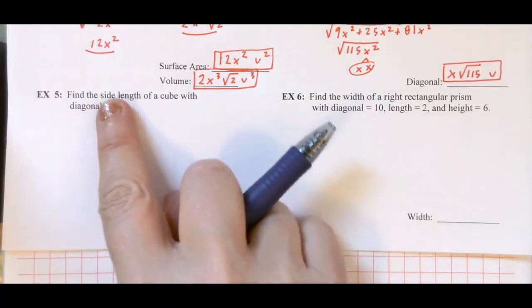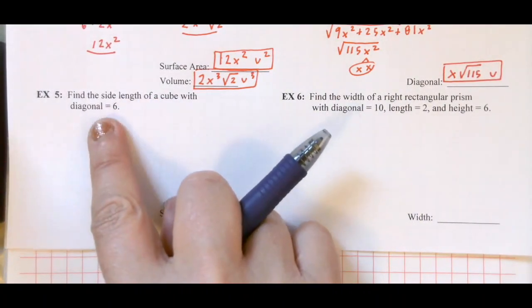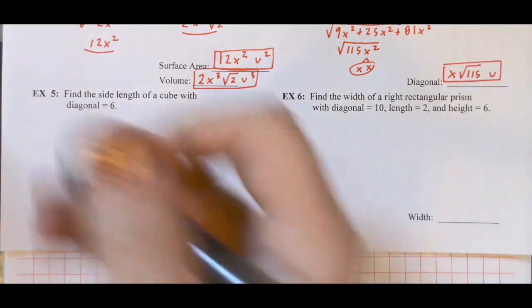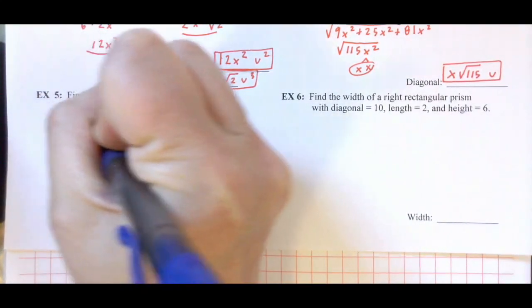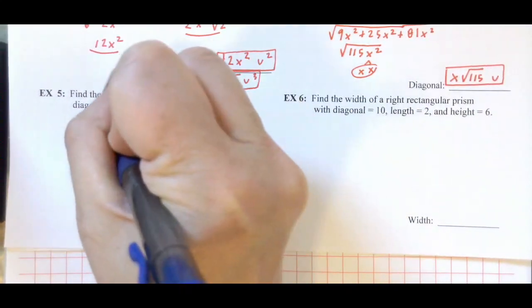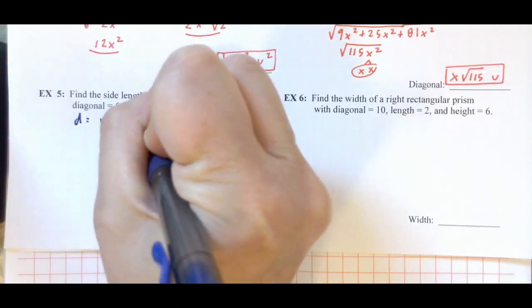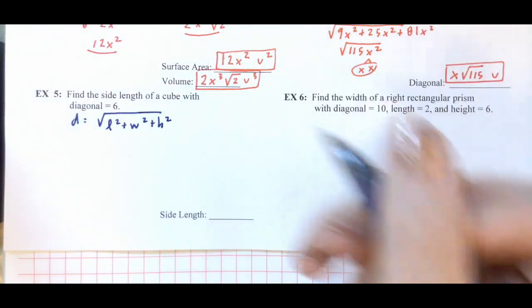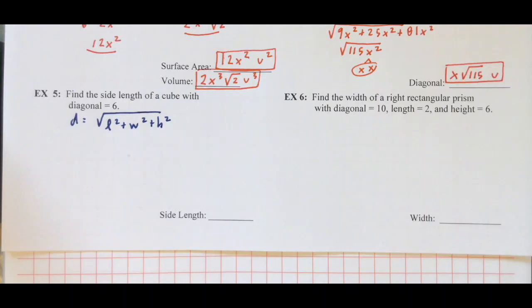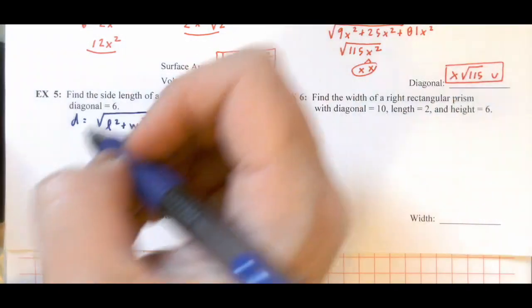All right, can we find the side length of a cube if we know the diagonal? So again, let's start with that formula. Diagonal is the square root of length squared plus width squared plus height squared. Now we're saying that the side length, it's all the same. Length, width, and height, they're all the same. So let's just call them all x.